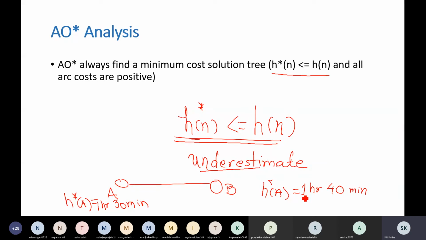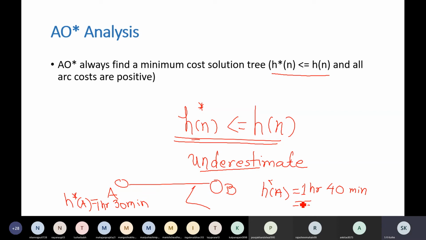Actual cost is 1 hour 40 minutes because now you are at place B. So your estimate was less than the actual duration. Estimated duration is less than actual time taken to reach place B. So this is called underestimate. Actual is more, but your estimate is less than or equal to that.